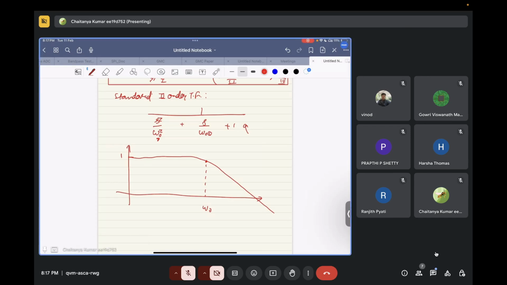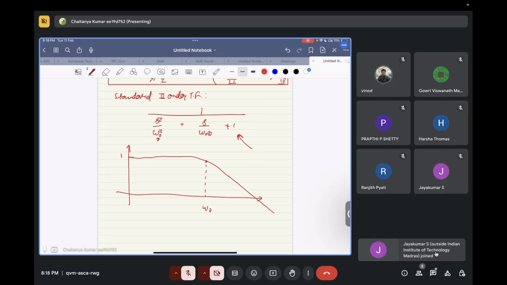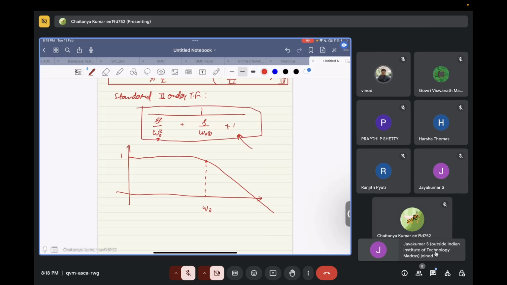Give me the value based on this transfer function that I have written over here. There is no R1 C1 R2 C2 over here, right? Based on this particular transfer function, just tell me.